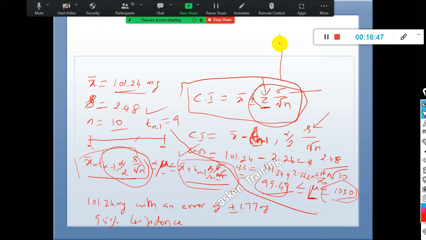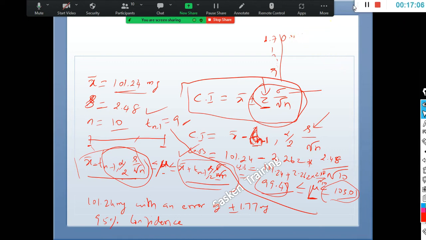If you look at the t-distribution table, you have the degrees of freedom here 1, 2, 3, etc. But in our case 9, right? And here you have an alpha value. The alpha value starts from something like 0.40 and goes up, and you will find somewhere 0.025, because alpha is 0.05. This is what I discussed.